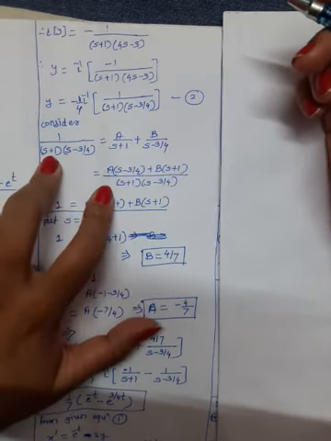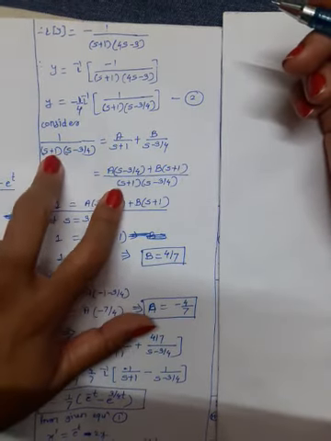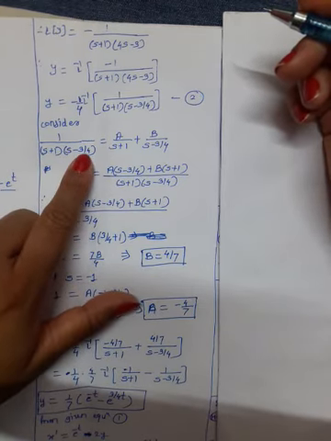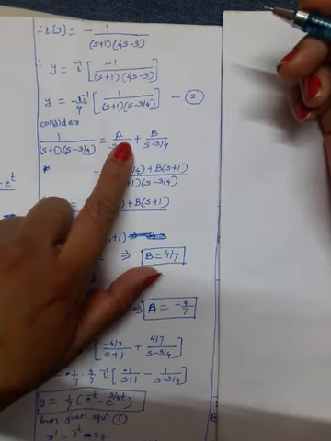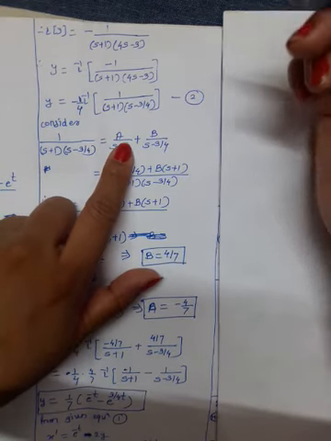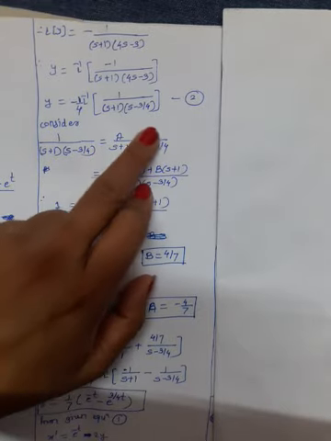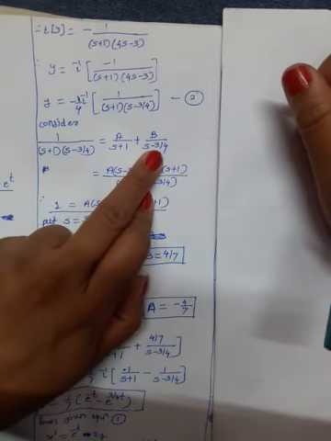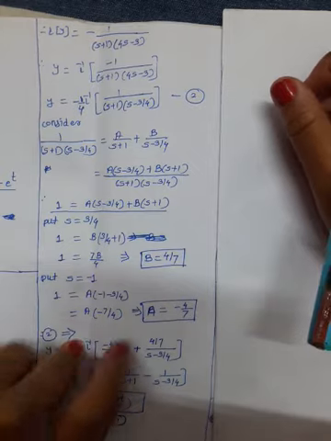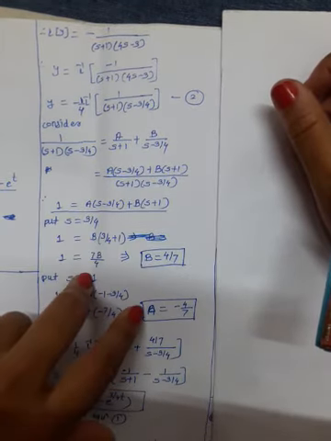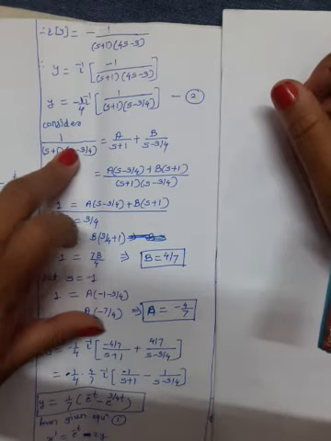Now consider this fraction, that is 1 upon s plus 1 and s minus 3 by 4. Obviously these two are linear factors, so we apply the type 1 method for partial fractions, that is A upon the first factor plus B upon the second factor. Now I am going to solve this because fractions are there, or otherwise you can solve it on your own easily.